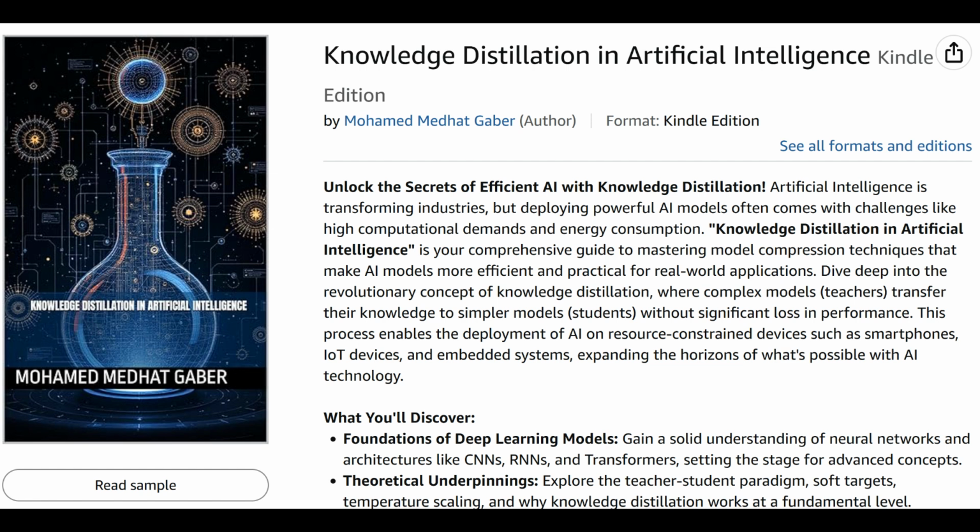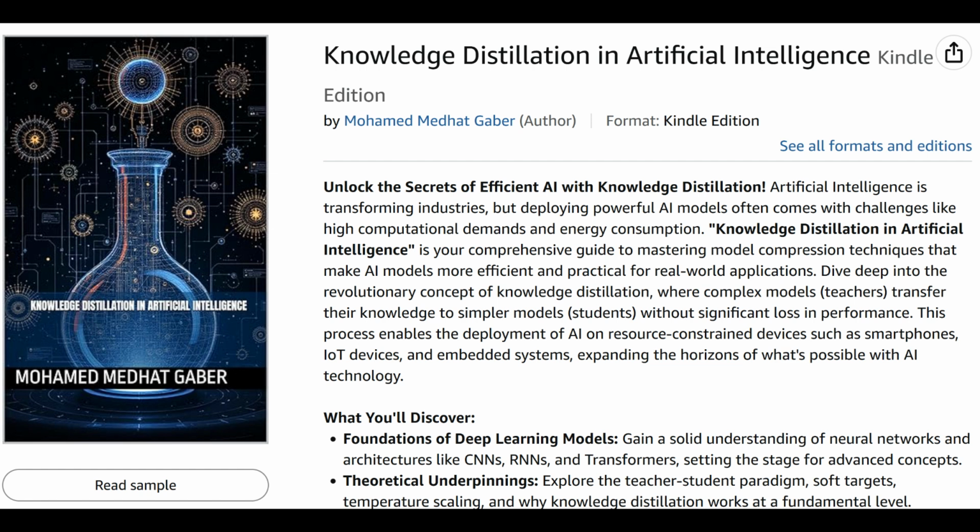The student, though, is built for efficiency. Speed, low memory usage, those are its priorities. Its architecture might be specifically chosen for, say, a mobile chip. And what does the student gain from this mentorship? Besides being smaller, obviously. Well, surprisingly, the student often ends up more accurate than if you just trained that same small architecture directly on the data from scratch. Really? How does that work?